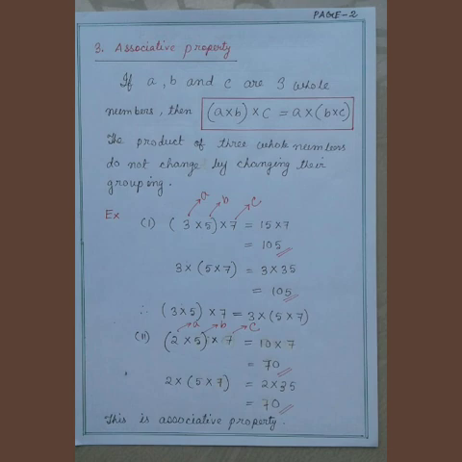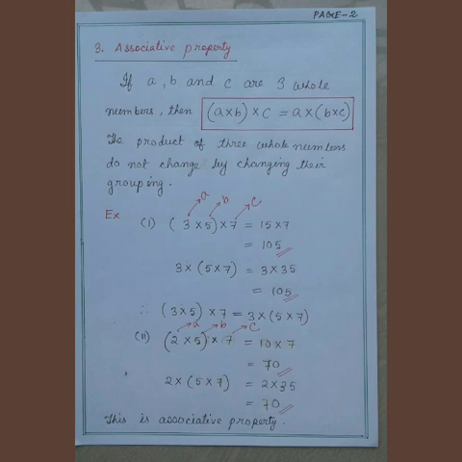both are equal. In example 2, A is 2, B is 5 and C is 7. A into B into C, A into B, that is 2 into 5 is within bracket, so it is 10 into 7. 10 into 7 is 70.